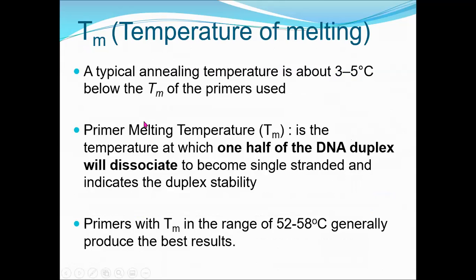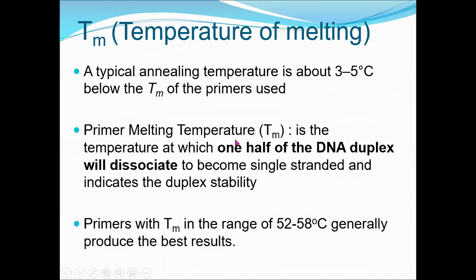The Tm, the temperature of melting, is a very important factor. We decide the typical annealing temperature depending on the Tm of the primer, usually 3 to 5 degrees below the Tm of the primers.